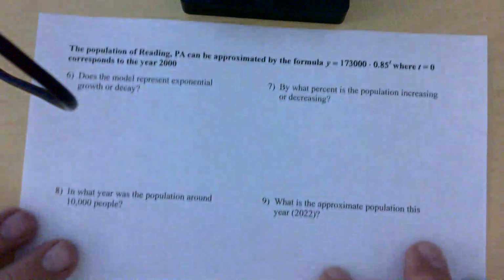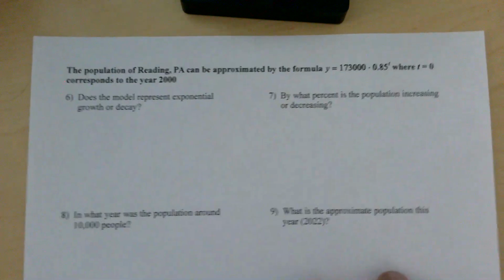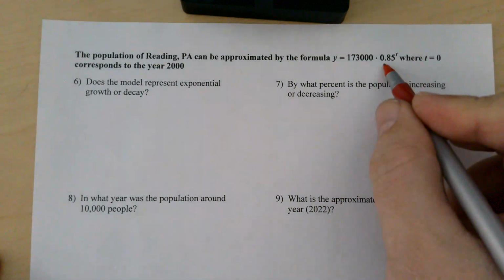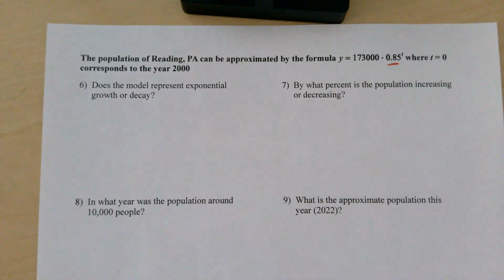And then you will see a problem, an application problem. And the moment you look at the rule, you should know instantly, are we increasing or decreasing? So again, I just changed numbers around. The fact that I see this and I see the base is less than 1, I know it's going to be a decay. Okay, we're losing people. So population, we start out with 173,000.